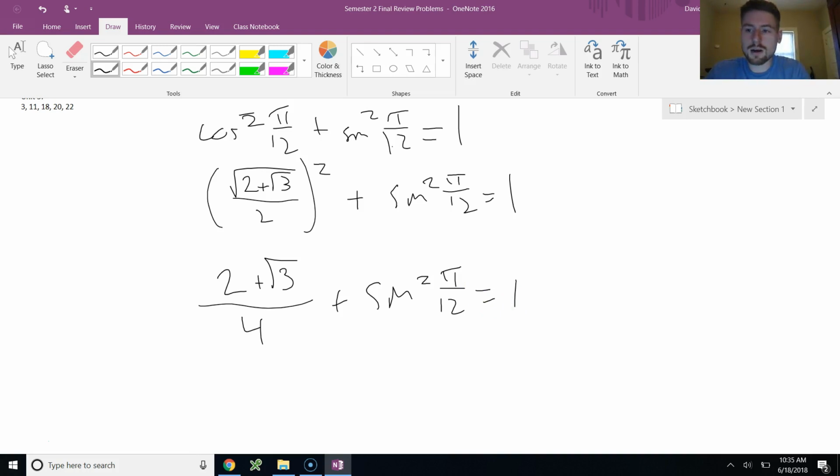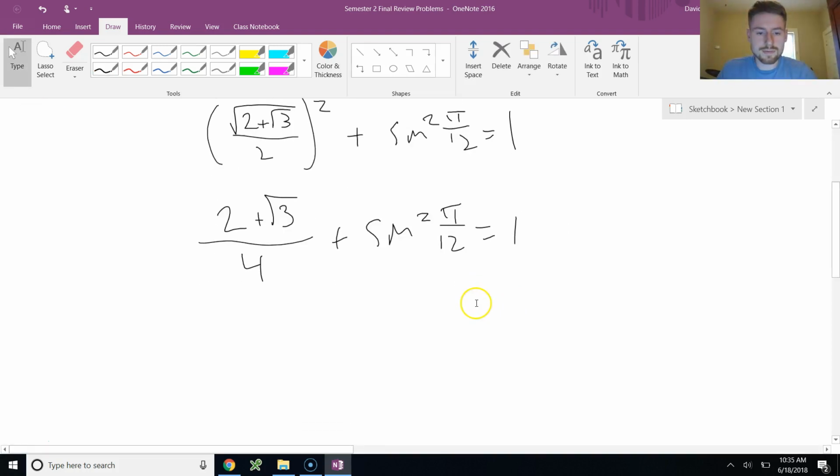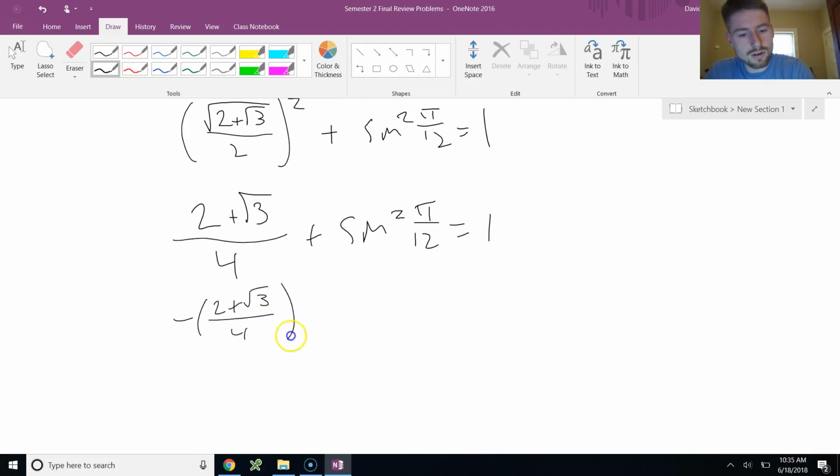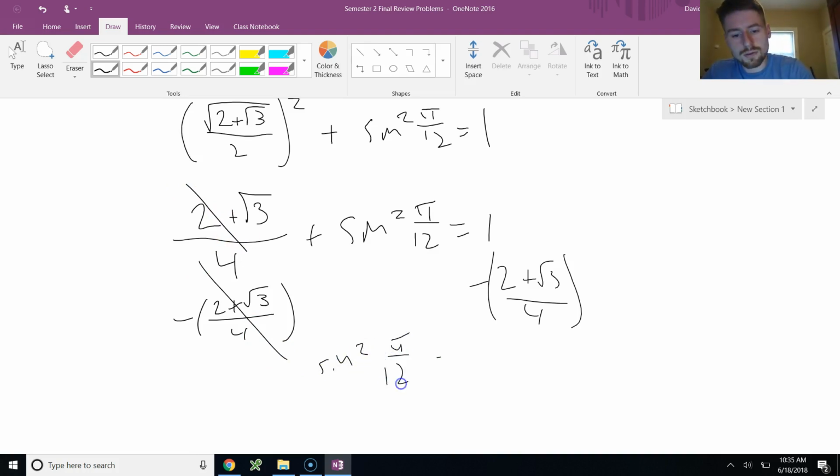We subtract 2 plus root 3 over 4 from both sides, using parentheses because it's important to. So that gets us sine squared pi over 12 equals 4 over 4 minus 2 plus root 3 over 4.